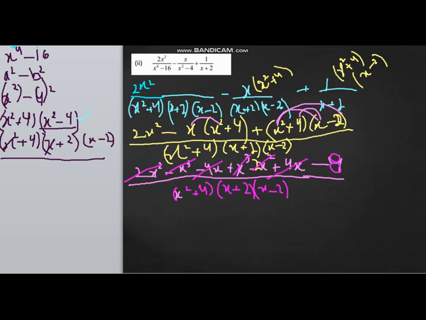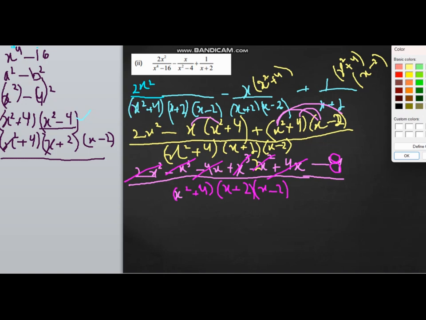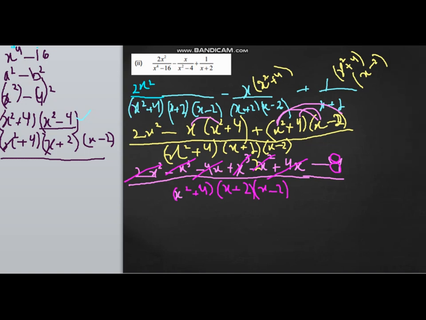So what we have here is just -8 divided by x squared plus 4 times x plus 2 times x minus 2. And this is the answer. We'll do one more question and then we'll be done with this topic.